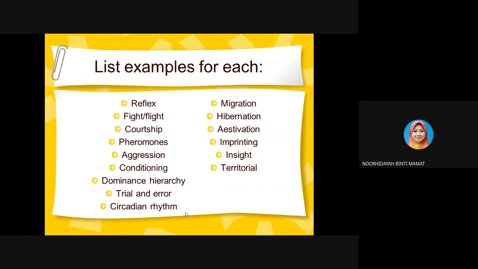Okay, circadian rhythm, like our 24-hour biological clock. Okay, insight is just now the chimpanzee experiments. Okay, migrations like the birds or the butterfly, hibernation, estivation, territorial. Okay, so you just need to remember and refresh what the examples of all these behaviors are, right?